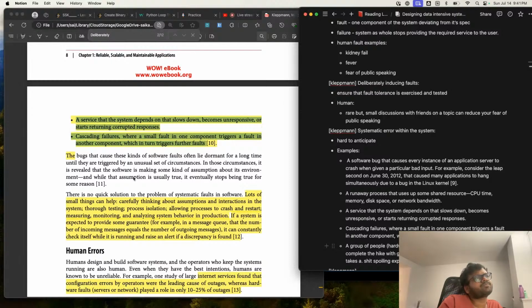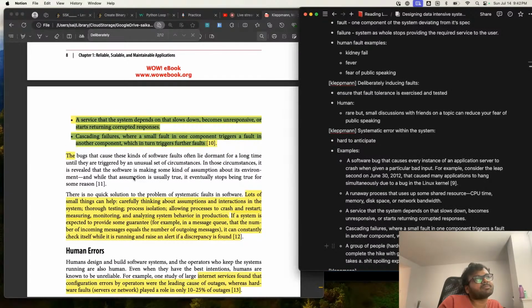There's no quick solution to the problem of systematic faults, but lots of small things can help.